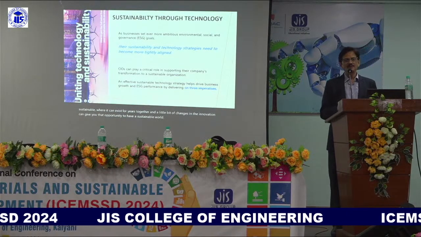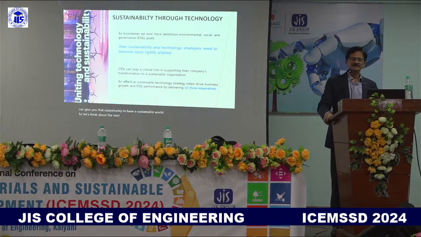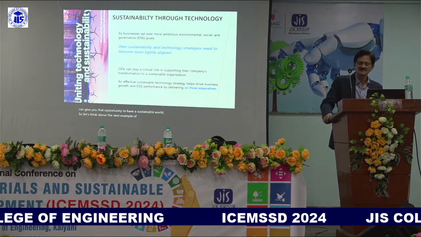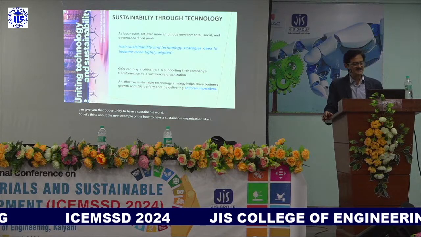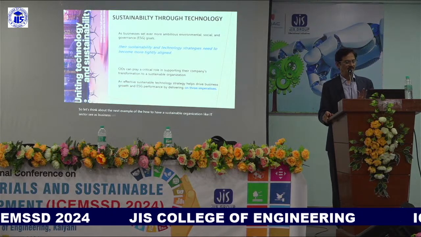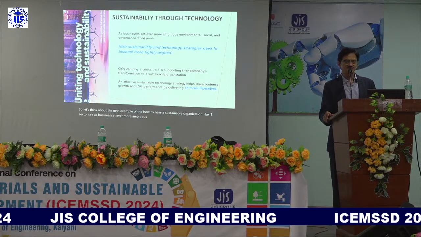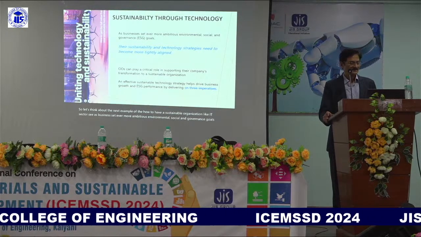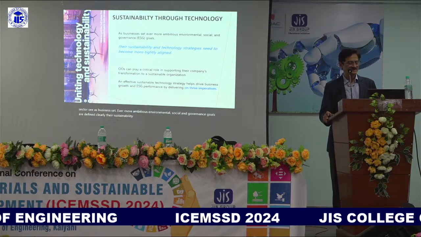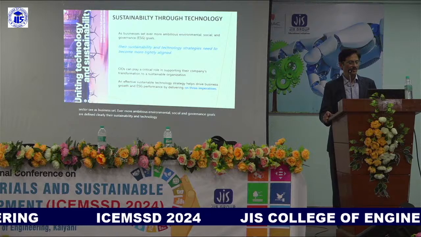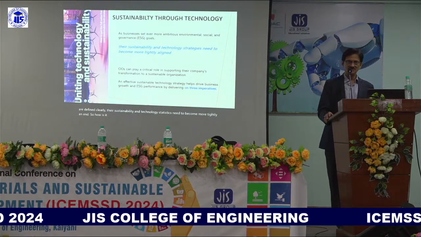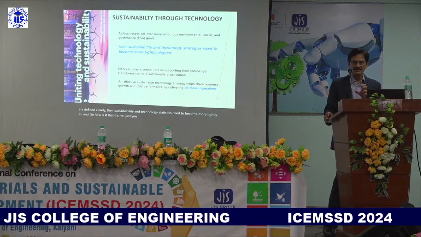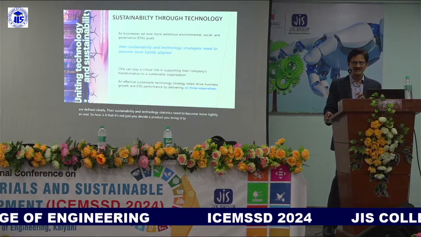So let's think about the next example of how to have a sustainable organization, like the IT sector. See, as businesses set ever more ambitious environmental, social and governance goals, their sustainability and technology strategies need to become more tightly aligned. So it's not just that you decide on a product, bring it to the market, sell it, and get the profit.